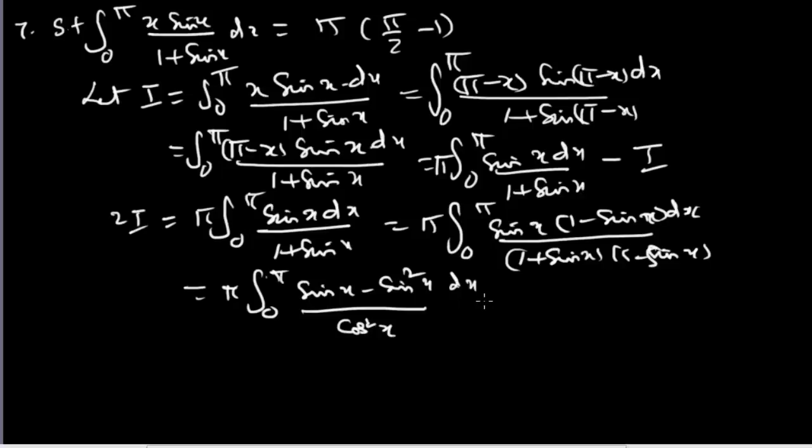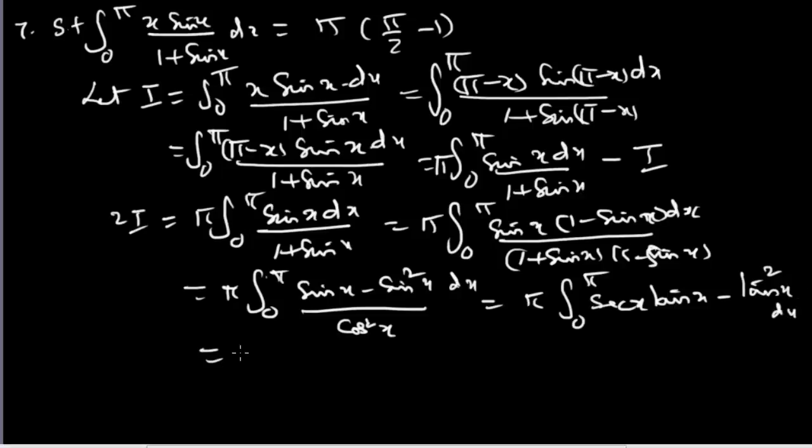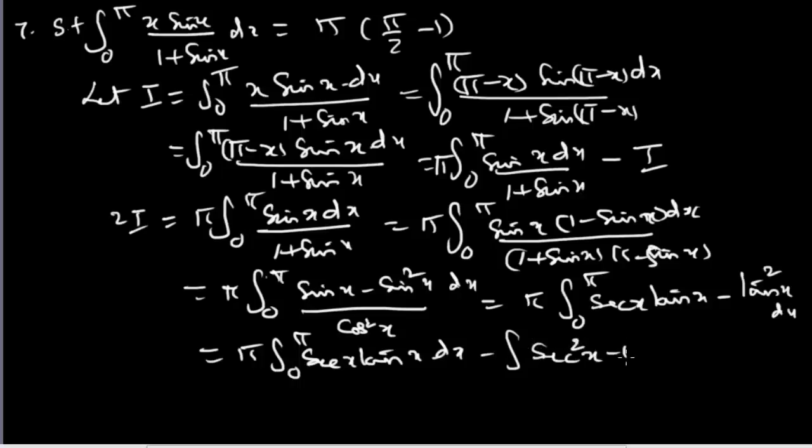This problem is now divided into two problems: pi integral 0 to pi, sin x by cos squared x is secant x into tan x, minus sin squared by cos squared is tan squared x, into dx. So pi integral 0 to pi secant x into tan x into dx minus integration of tan squared x, which directly cannot be done, so secant squared x minus 1 into dx.